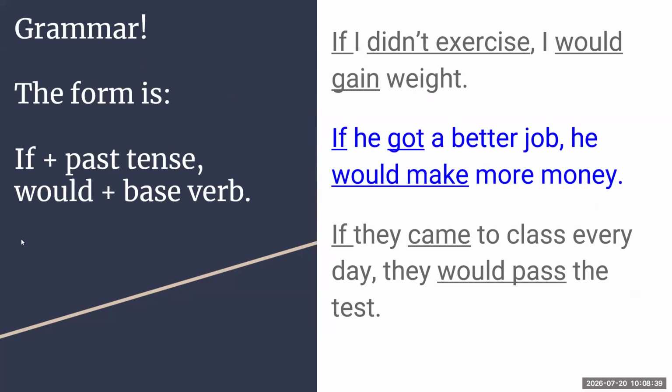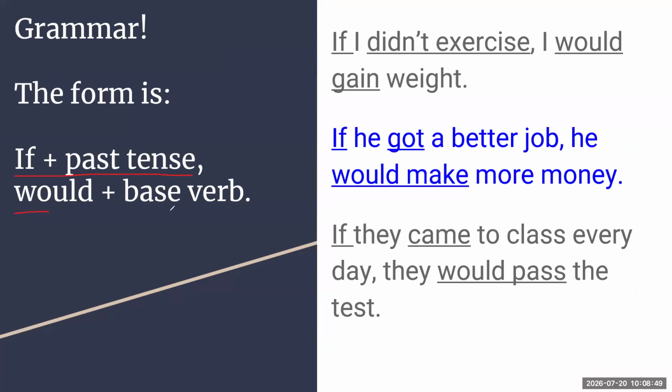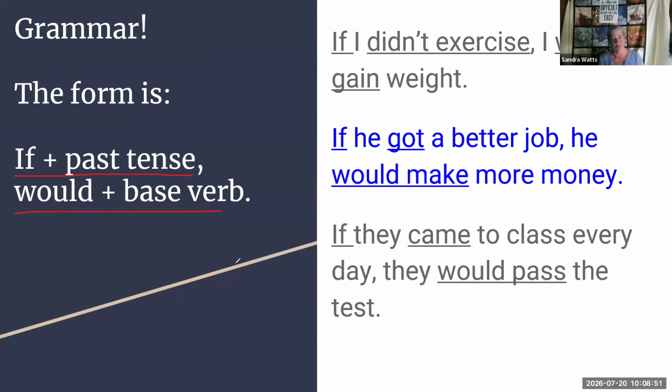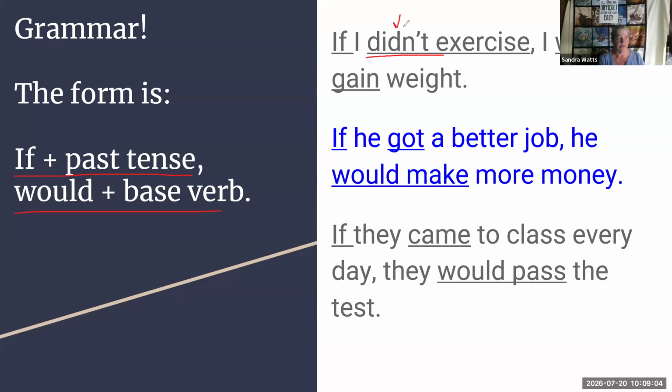Okay, so the grammar part, which we already talked about, but this is your basic grammar. If plus the past tense, and then would plus the verb, not will, because will is true for sure. Would is it's not true. I'm just saying if I could change it. So if I didn't, so this is past, it's just negative, I would gain weight. If he got a better job, past, he would make more money.